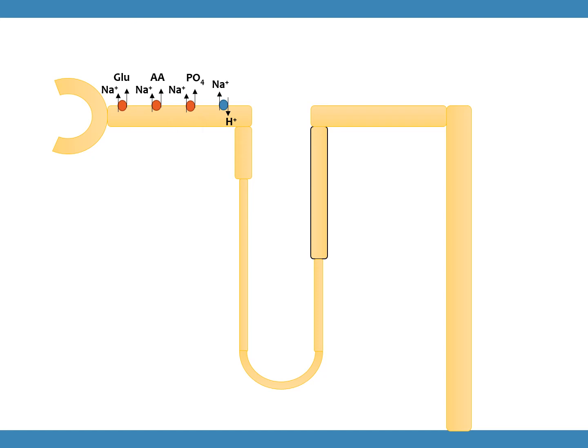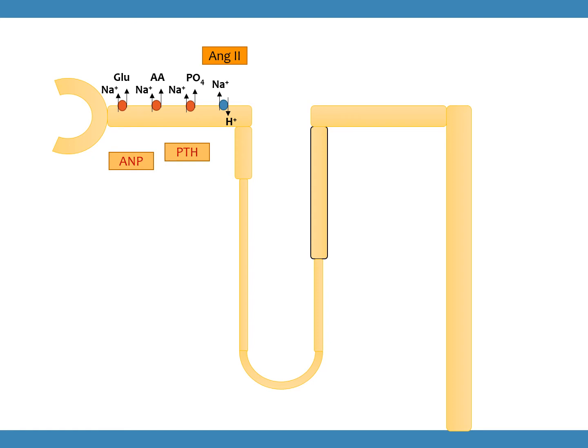Now, what are the factors that can act on the proximal tubule? Let me give you some examples which are clinically important. Angiotensin II regulates the sodium-hydrogen exchanger, causing increased sodium reabsorption and H+ excretion.